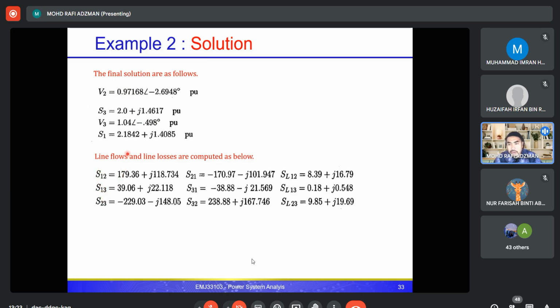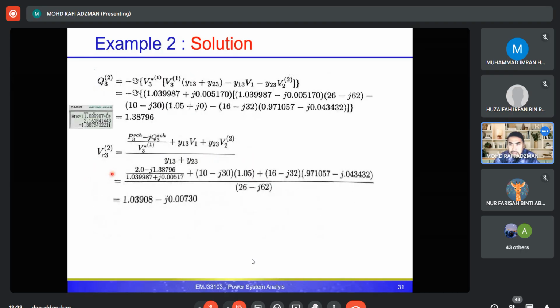But before that, you need to find the currents. You cannot straight away get to S12. You have to find, for example, I12. I12 equals Y12 times V1 minus V2. Because this step is already jumped into this step. But before you get the S12, you need to find the current first.